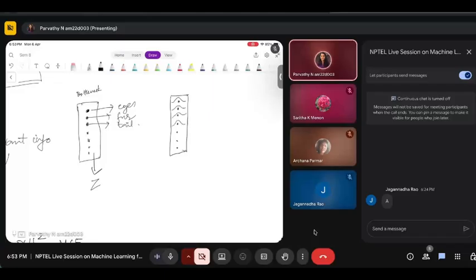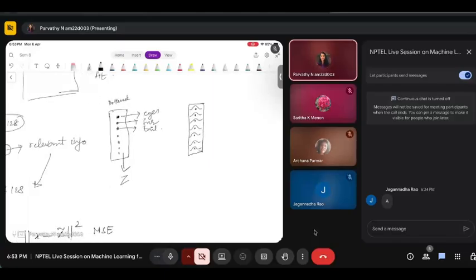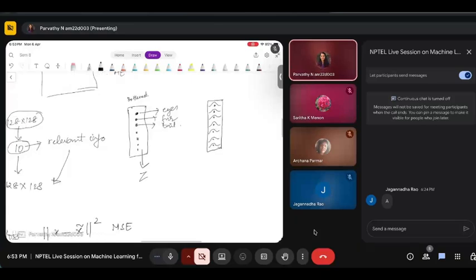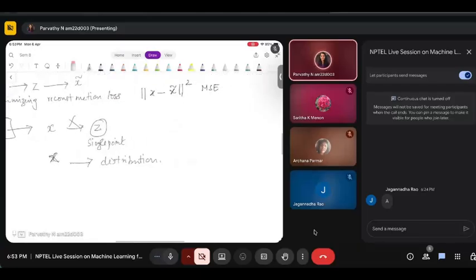Each of them, eyes will have a distribution, fur will have a distribution, etc. So there is no mapping to a single point, but the input will be mapped to a distribution.